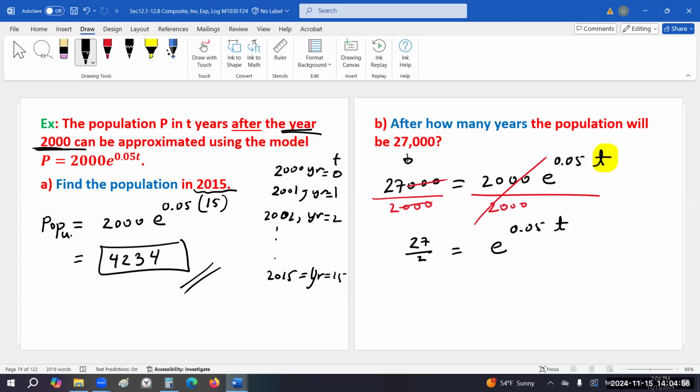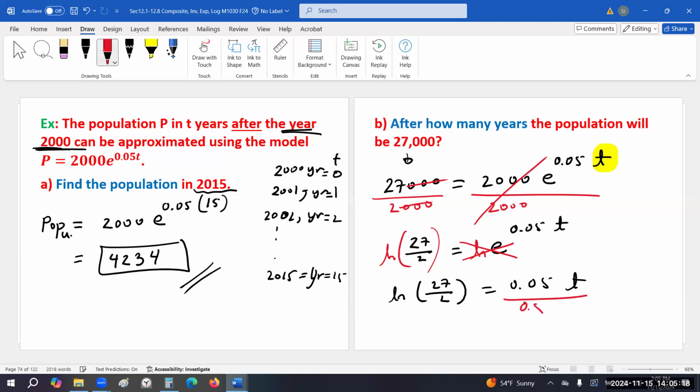And now what do we do? Since t is in the power, we need to bring it down. We apply ln, and ln and e cancel out. So we get ln of 27 over 2 equals 0.05 t. Finally, we can solve for t.